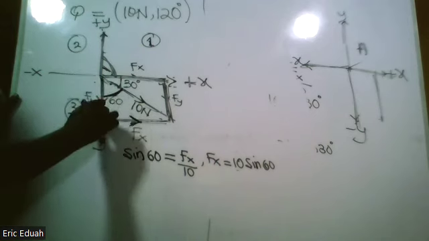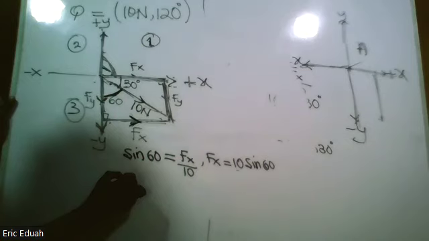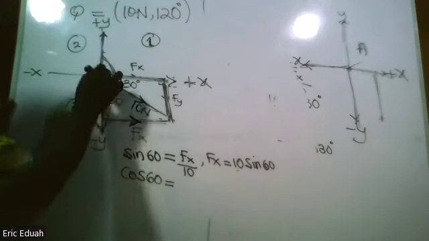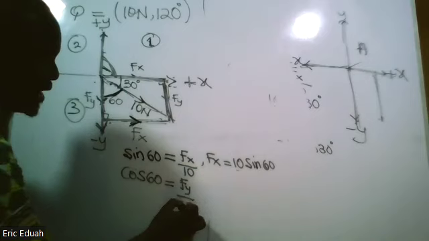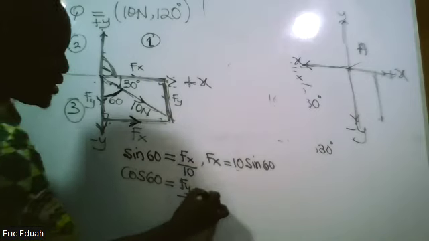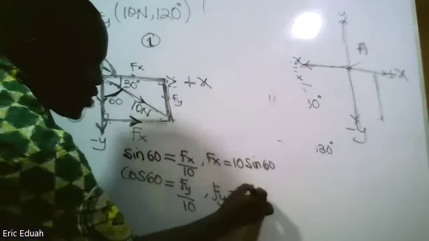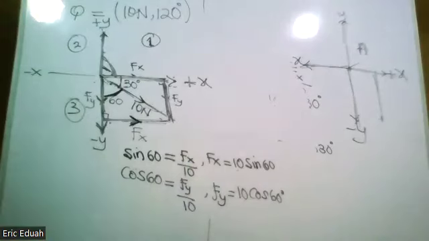If I need the adjacent, which is Fy, I'll take cos of the same angle 60, and it is also the adjacent Fy over the hypotenuse 10. Fy is equal to 10 cos 60 degrees.